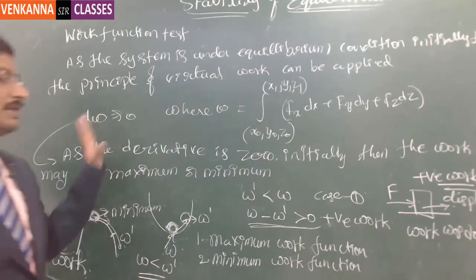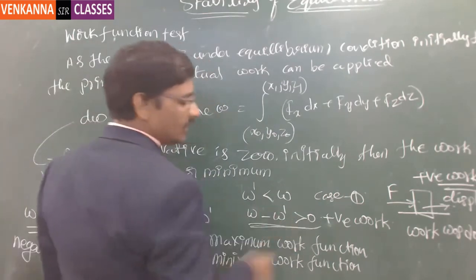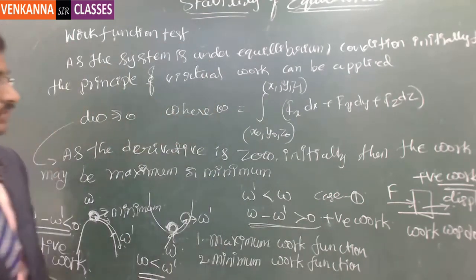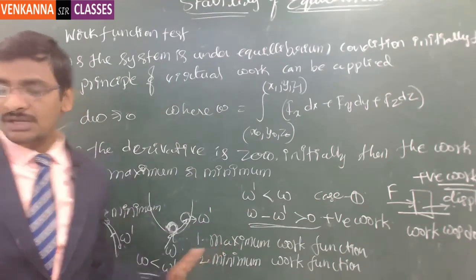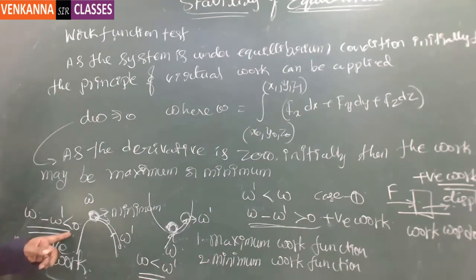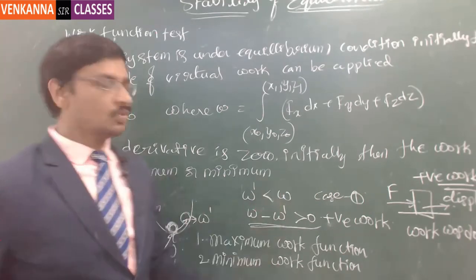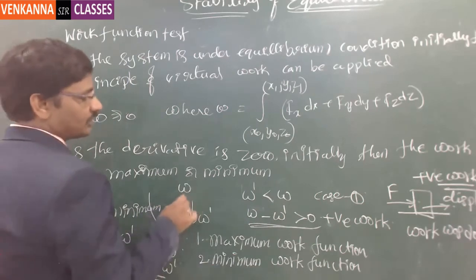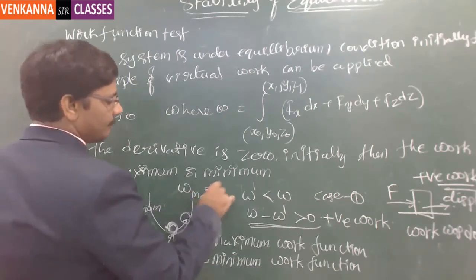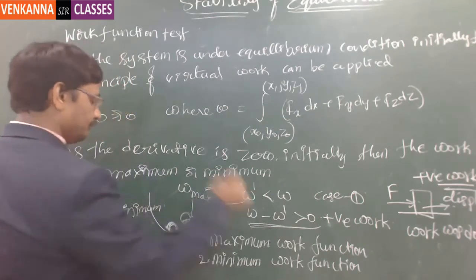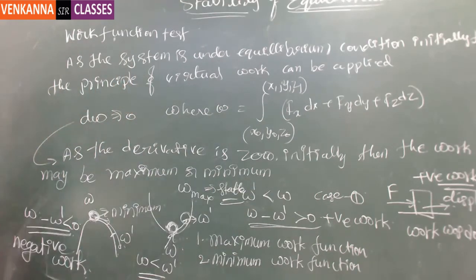So, based on this understanding, if W minus W dash is greater than 0, which is a positive work, then it is the stability under equilibrium condition. If W minus W dash is less than 0, this is under unstable equilibrium condition where we have the negative work. That means from these two scenarios, we can conclude that if W is the maximum work function, then it is stable. Otherwise, it is unstable. Got it? I hope it is understood. Fine.